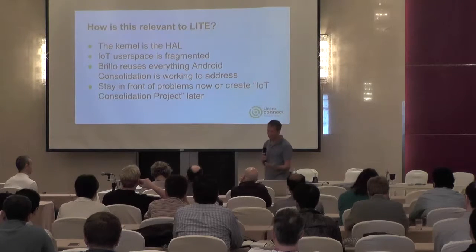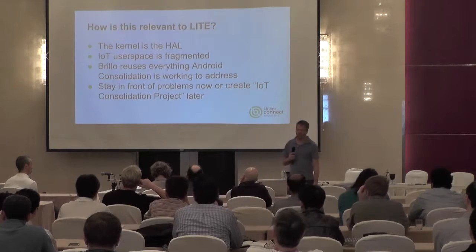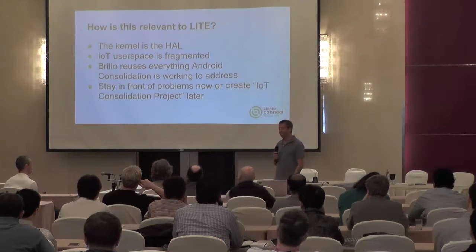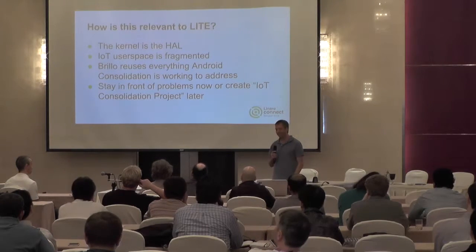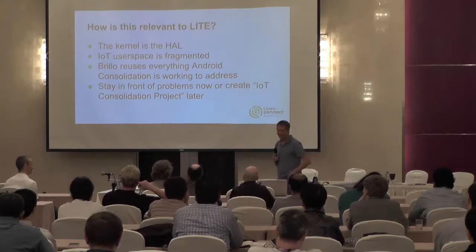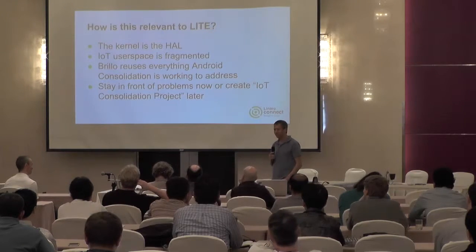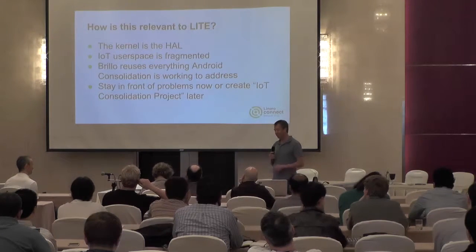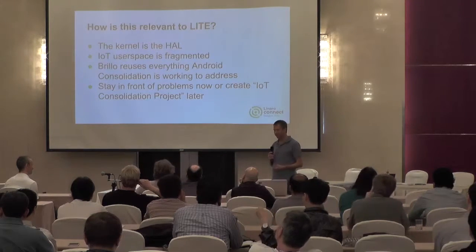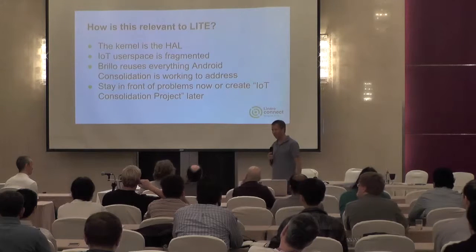So what does this mean for Light and how is that relevant? Key points, I think: the kernel is the HAL. This is where you clap, Arnd. Yep. So that is largely the kernel's job, among memory management and other things. That is where the hardware abstraction is.